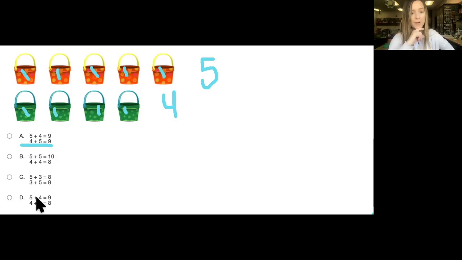Oh yeah, that could be right. 4 plus 4. No, we have a group of 4 and 5. D can't be right either. It must be answer choice A. 5 plus 4 equals 9, or 4 plus 5 equals 9. Great problem solving.